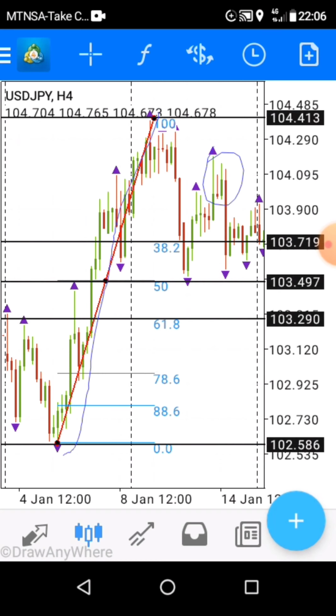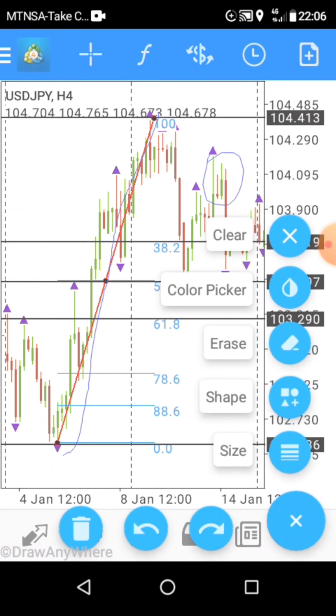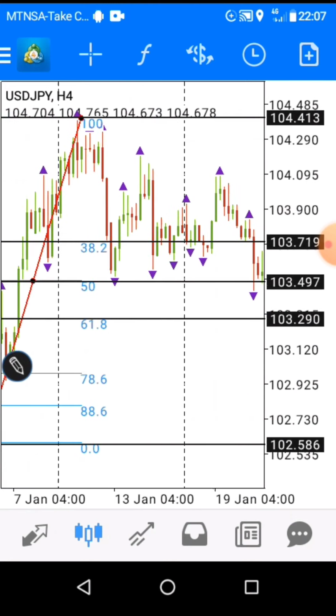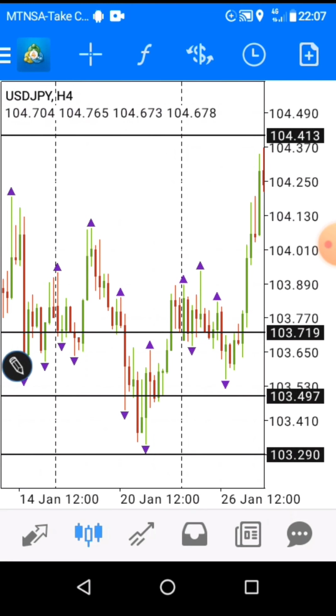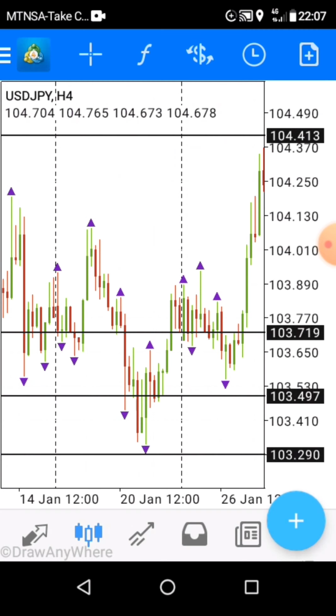Then you would have seen that the market will surely retrace at one of these levels. So you would have targeted your take profit from these levels. You would have targeted your take profit from this level, from that, and this level, and that level there. So your take profit would have been hit 3 times. As you can see, the market went straight up.